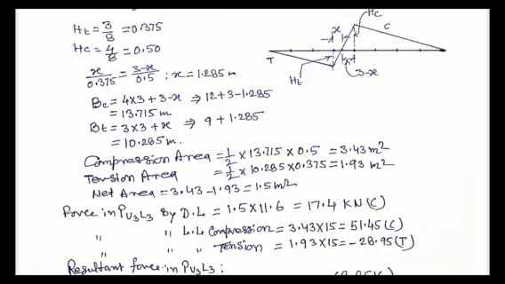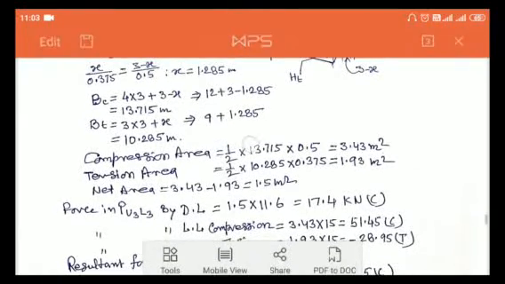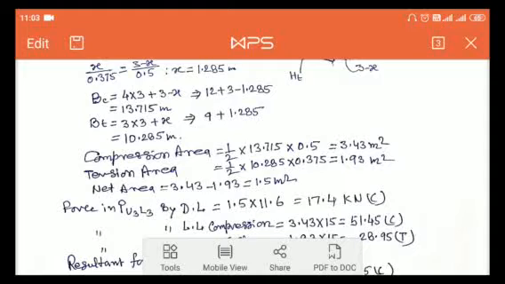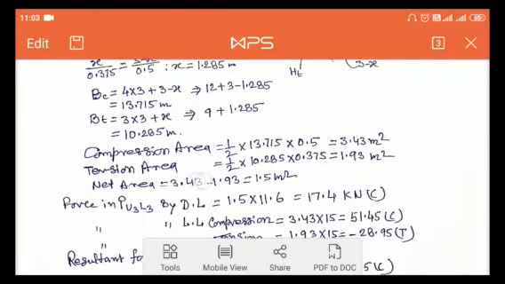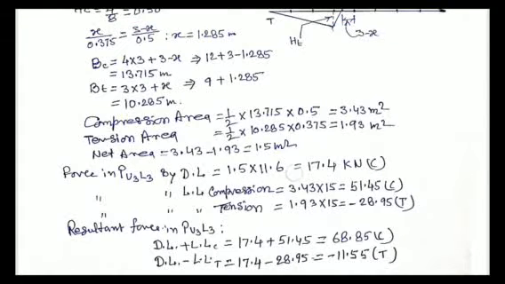The base of the compressive triangle is 12 plus 3 minus 1.285, which is 13.715, and the base of the tensile triangle in the tensile zone comes out to be 9 plus 1.285, so it is 10.285. So the areas of the triangles are accordingly: compressive area 3.43 meter square, and tension area 1.93 meter square. So the net area is 3.43 minus 1.93 equal to 1.5 meter square.